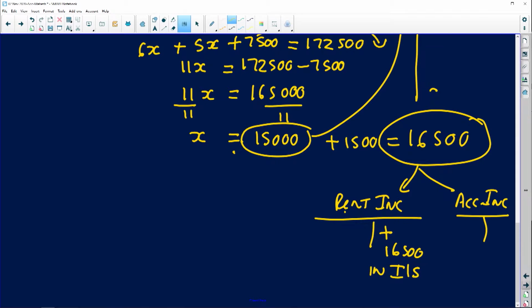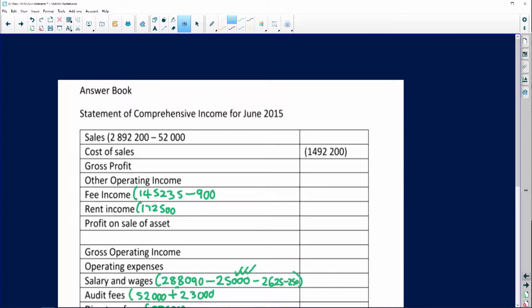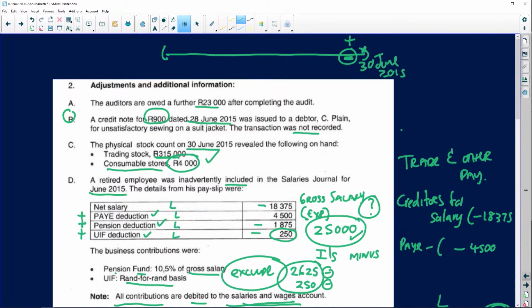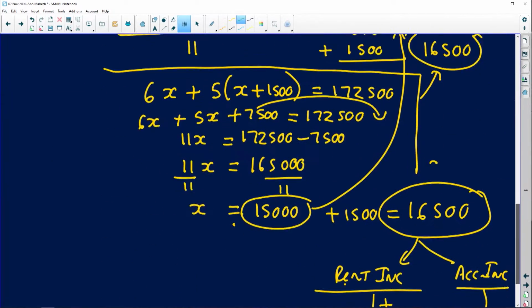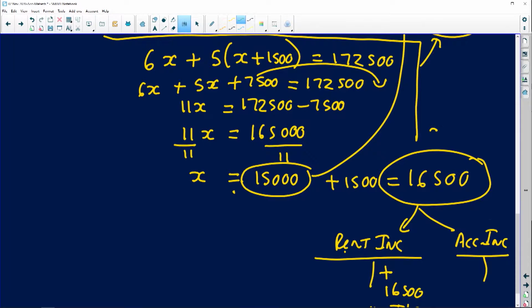So let's do that. Let's go to the income statement, and rent income, we are now adding 16,500. And the other account affected is, let's just quickly go down. Right, accrued income, and accrued income will affect trade and other receivables.